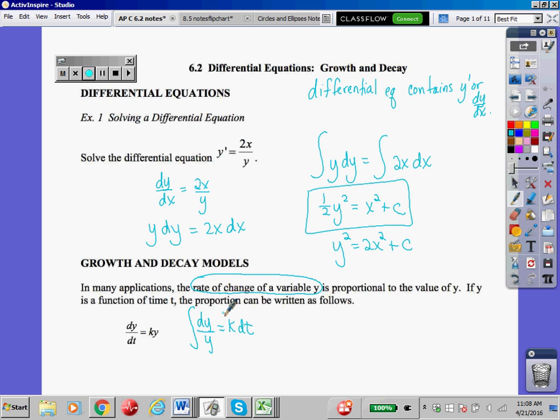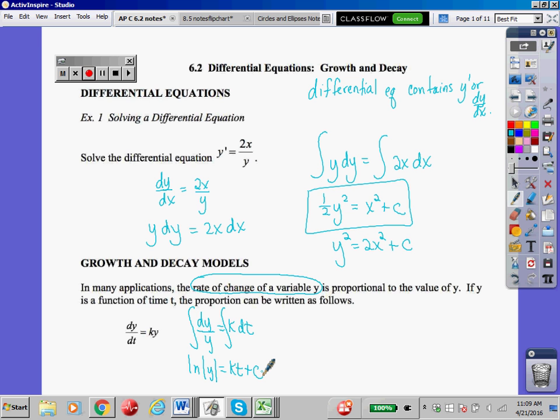Now watch this. If I go to integrate, this is ln the absolute value of y equals kt plus c. All right, again, do you see, if I integrate 1 over y dy is the natural log of absolute value of y. If I just have a constant, it's kt plus the arbitrary constant c. Now watch this.